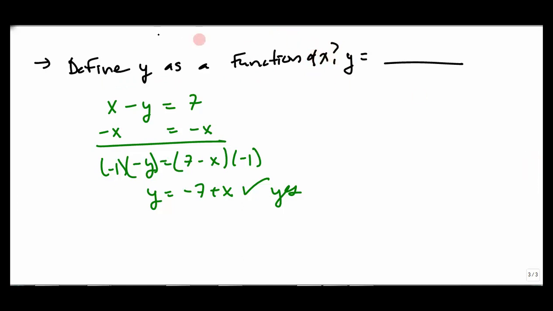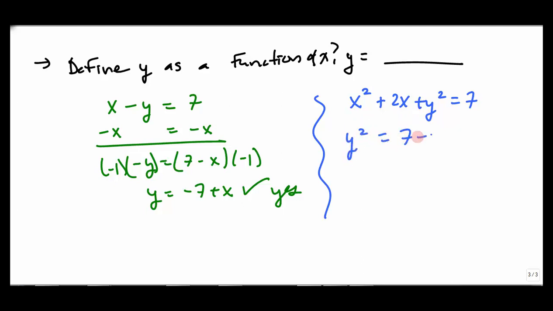Let's go ahead and look at another example. For this example, let's look at x squared plus 2x plus y squared equals 7. Now if I tried to solve this for y, I get y squared equals 7 minus x squared minus 2x. I'd move everything across. And then to solve for y, I'd have to take the square root of both sides.